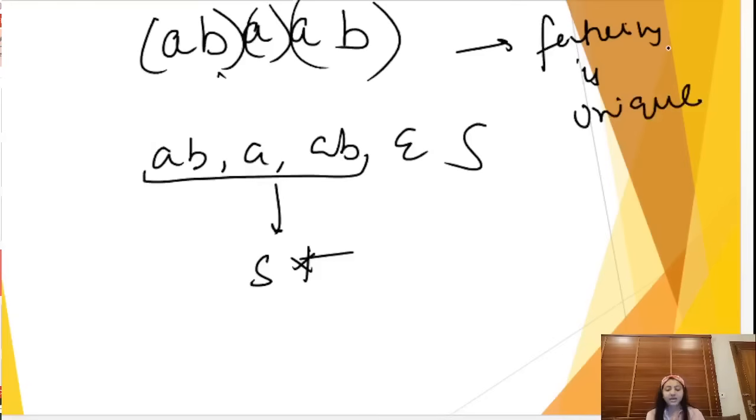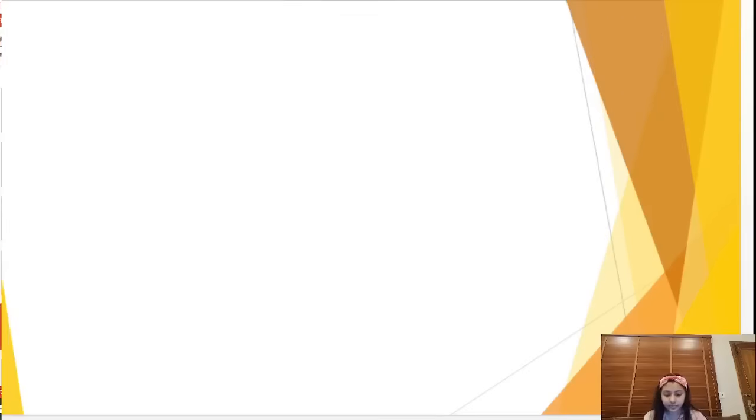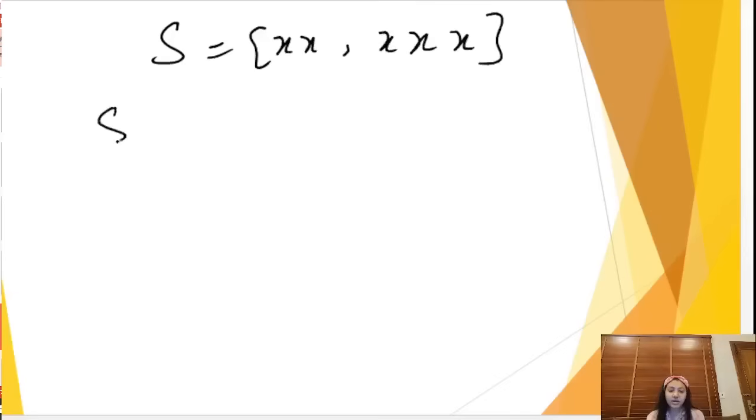Let's take another example in which we say that the factoring is not unique. For example, consider S as XX and XXX, right? Now S star will consist of lambda and all strings that consist of more than one X, right?